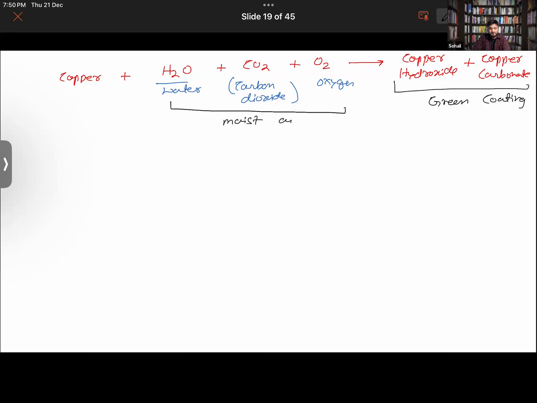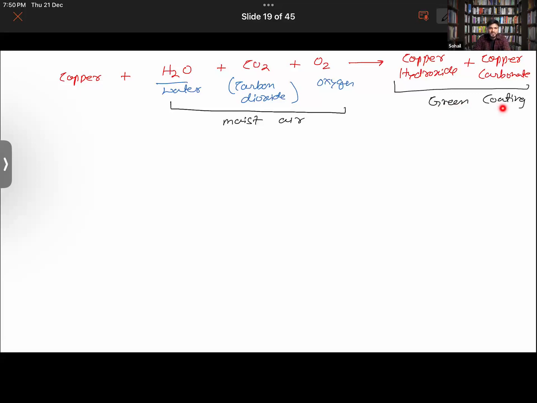So when a copper object is exposed to moist air for a very prolonged period of time, the copper reacts with water, carbon dioxide, and oxygen to develop a green coating over the object.